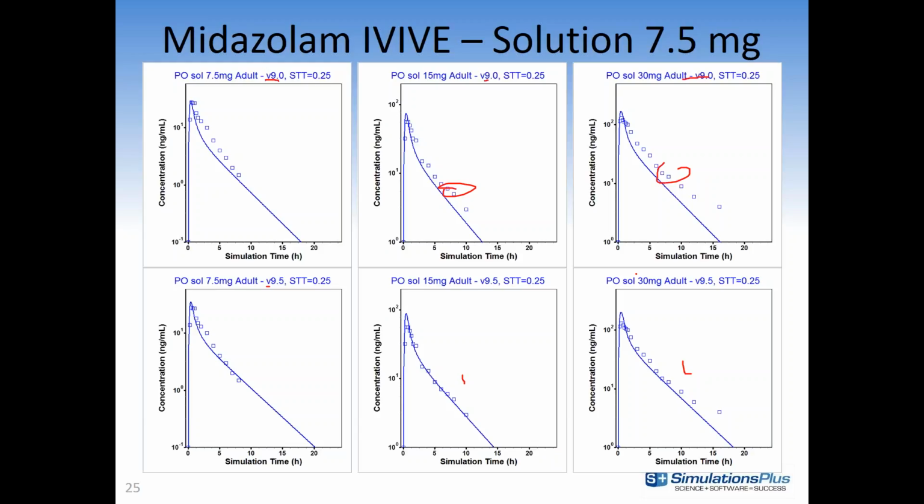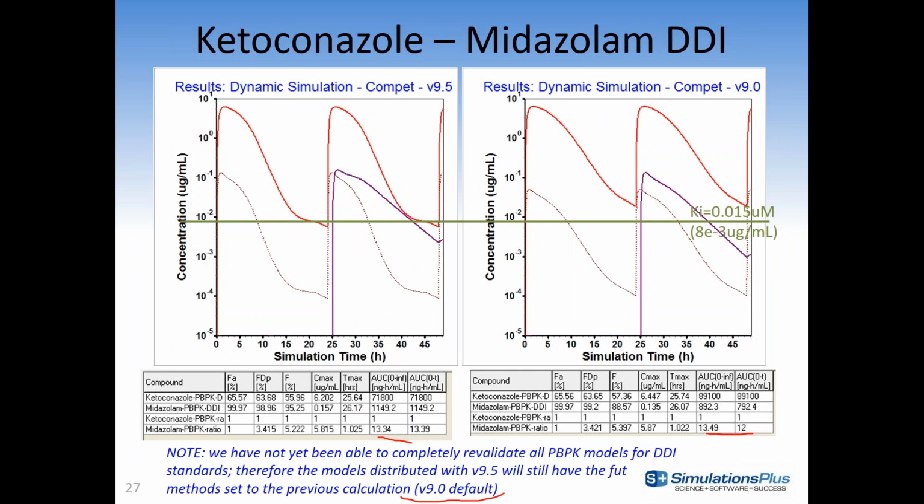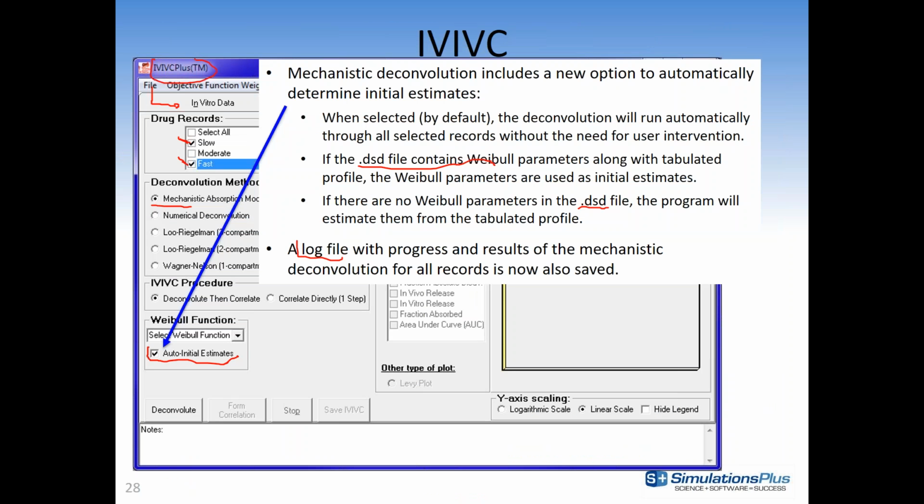For creating IVIVCs, yes, it will be possible to do it, especially due to the process. So one thing is the program will not read back the log file. We didn't take it that far.